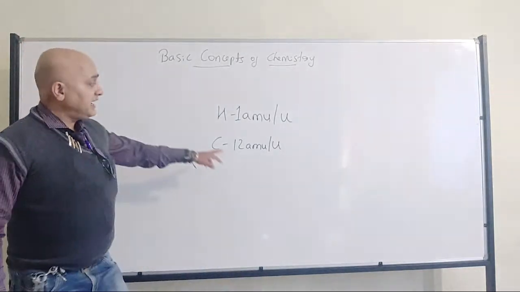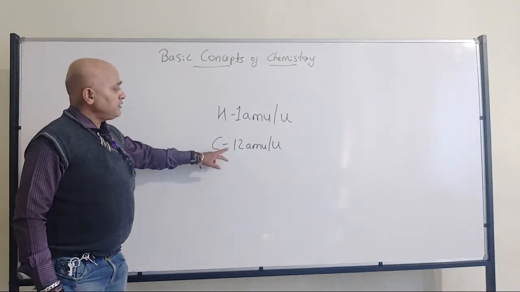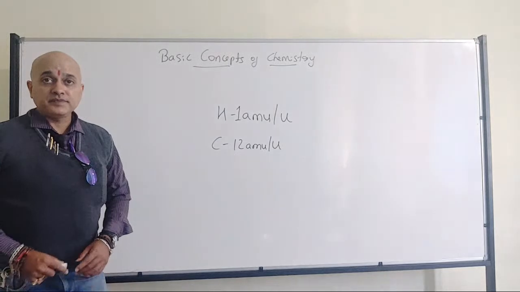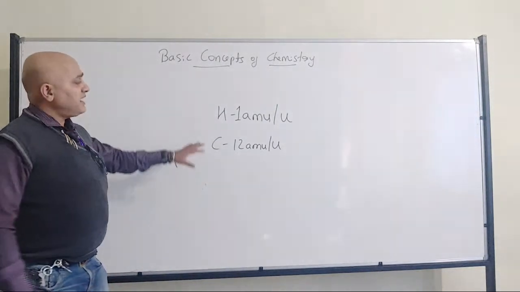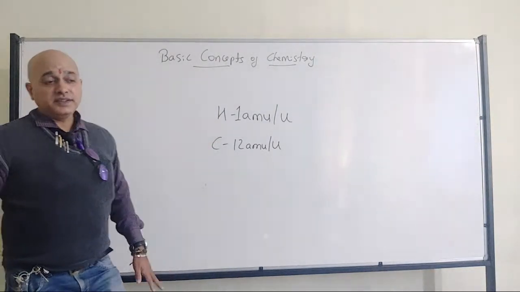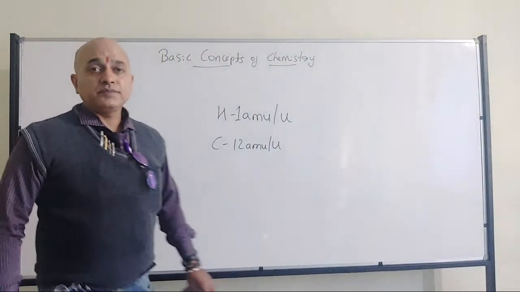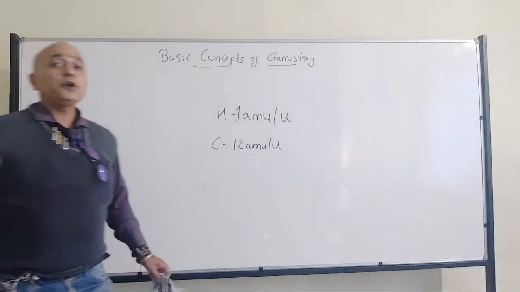So what it indicates? Hydrogen is 12 times less compared to carbon. Okay? So that's where we can tell in comparison. That's how we have got the atomic mass unit.